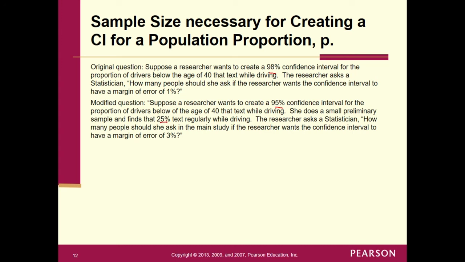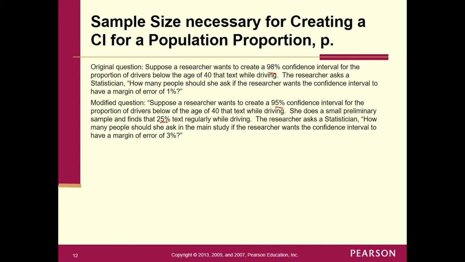Maybe somebody's done a study on this. I have a feeling it's more than that, and I bet it's very different for different age groups. Anyways, the researcher asks a statistician how many people she should ask in the main study if she wants the confidence interval to have a margin of error of 3%. So she's backed off on the precision a little bit, on the margin of error.